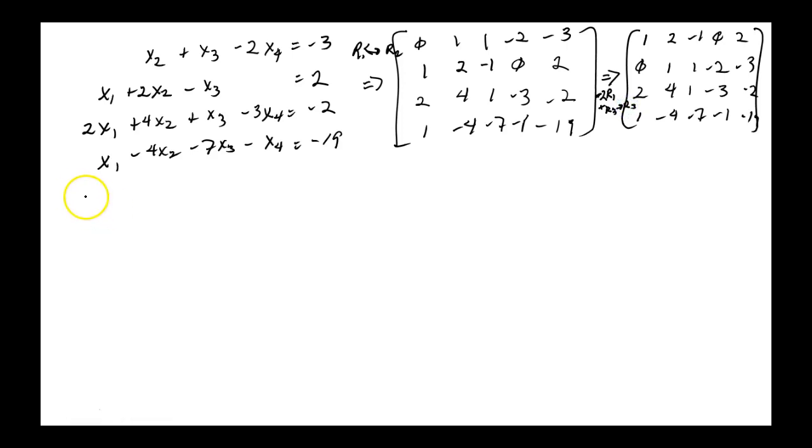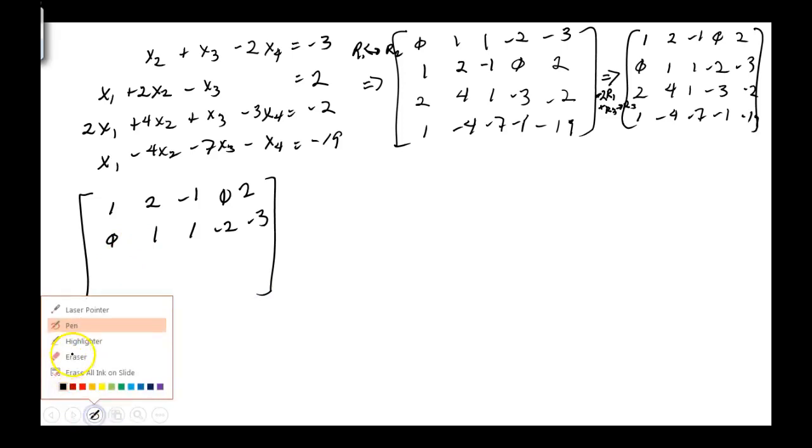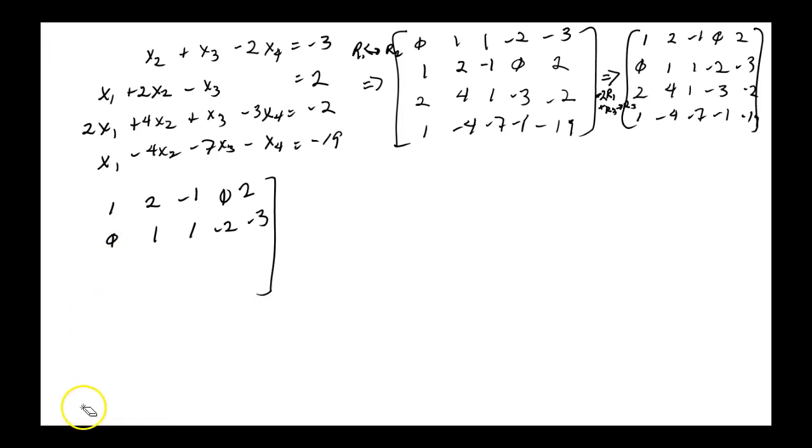Okay. So, next step, write down the first two rows. This is what's so redundant. 1, 2, minus 1, 0, 2. 0, 1, 1, negative 2, negative 3. All right.